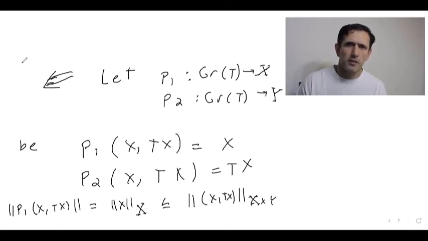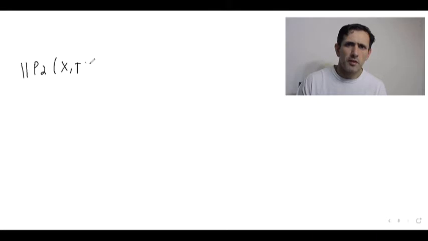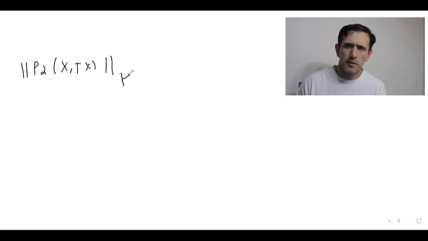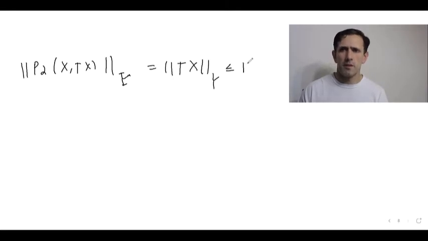Let's go to the next page. Yeah, this is less than or equal to, this equals the norm of tx, and that's going to be less than or equal to the norm of x, y.